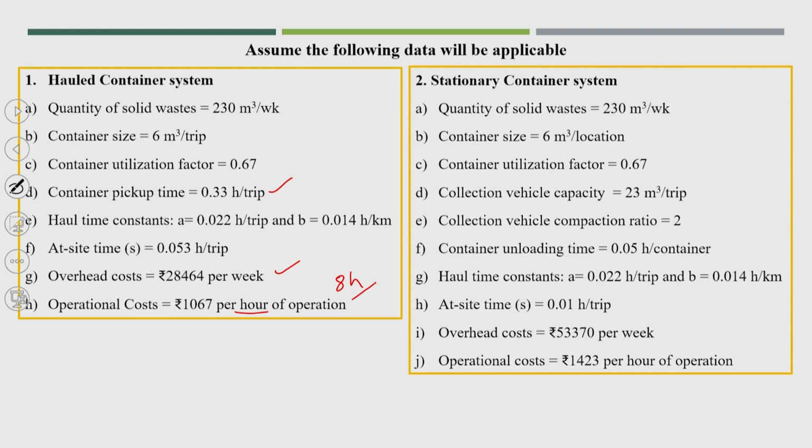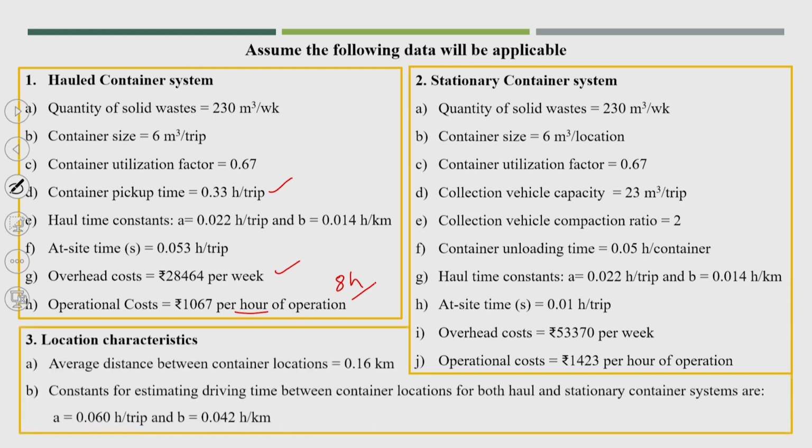Now, for the stationary container system, the quantities are the same, container size is also the same, and utilization factor is also the same. Here the vehicle is given: vehicle size, collection vehicle capacity is given, compaction ratio is given, and unloading time UC value is given. And haul constants, and here also the operation cost is given per hour of operation.